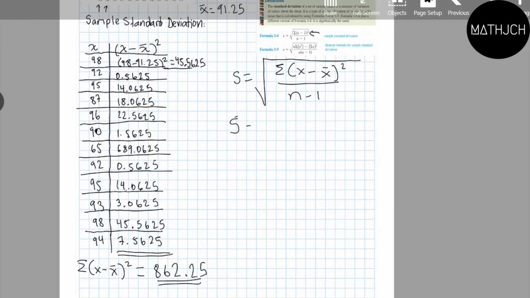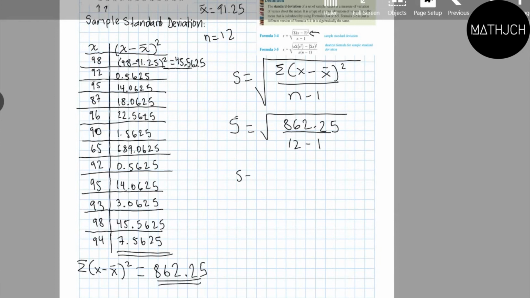So s equals the square root. This notation here is the one we just found, 862.25, everything divided by the sample size, which is 12, so 12 minus 1, which gives us 11.